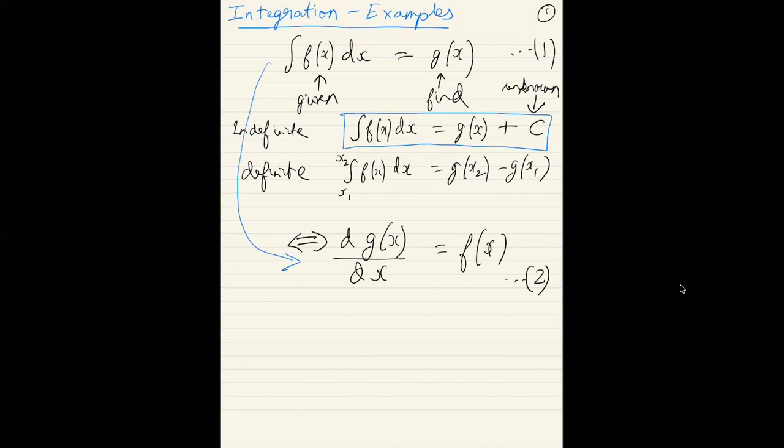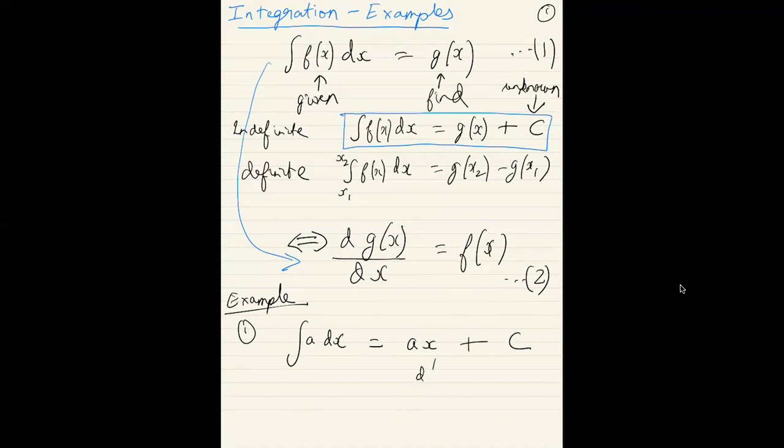So what's the simplest thing we can think of? The simplest thing is the integral of a constant, the integral of a dx. What would this be? This would be ax plus some constant c.